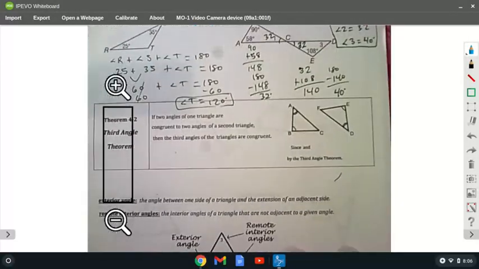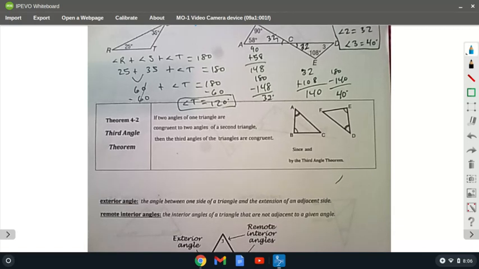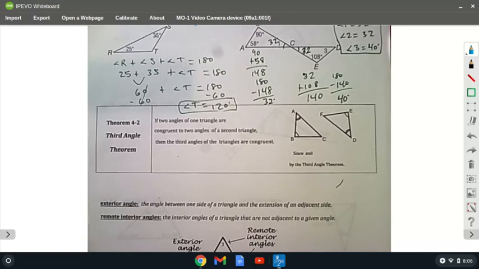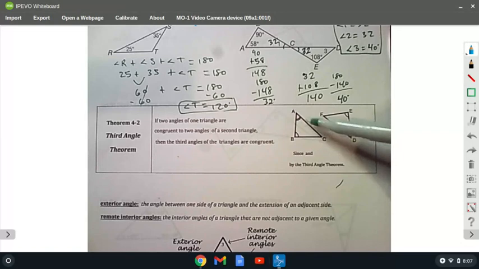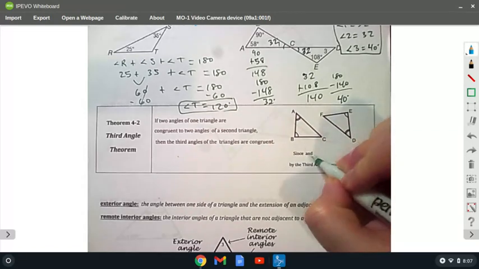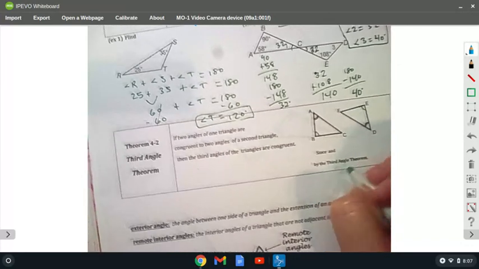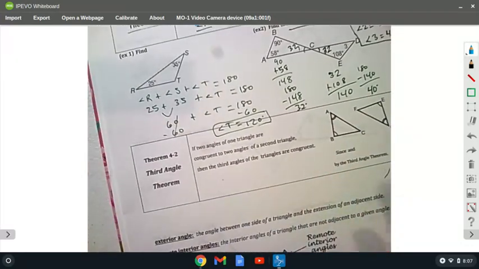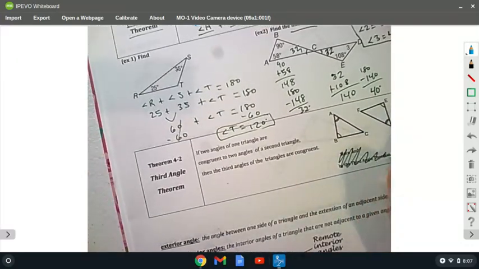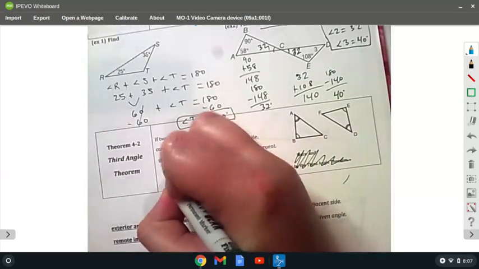Moving down to theorem 2. Theorem 2 is the third angle theorem. It says that if two angles of one triangle are congruent to two angles of the second triangle, then the third angles are congruent. So if this is congruent to that, because they have one tick mark, angle A is congruent to angle D. I can fix this for you, because like I said, it messed up the printing here.